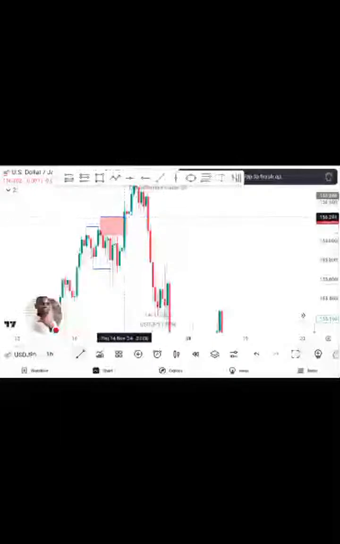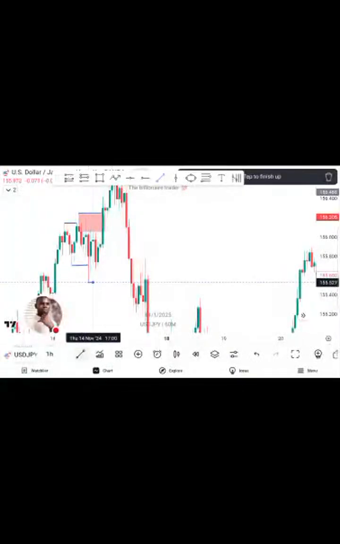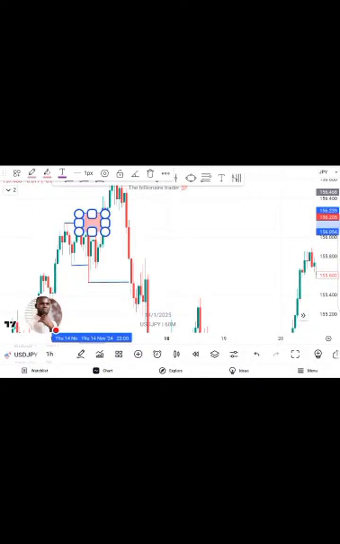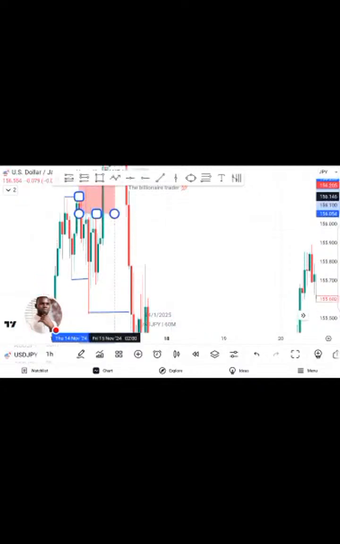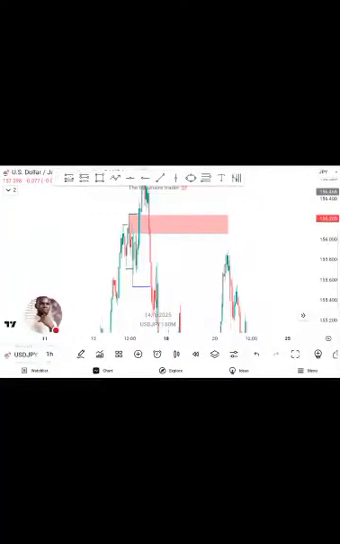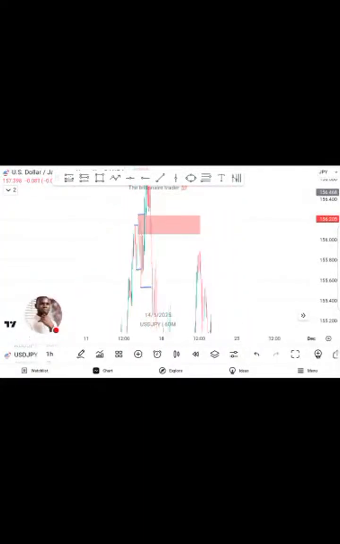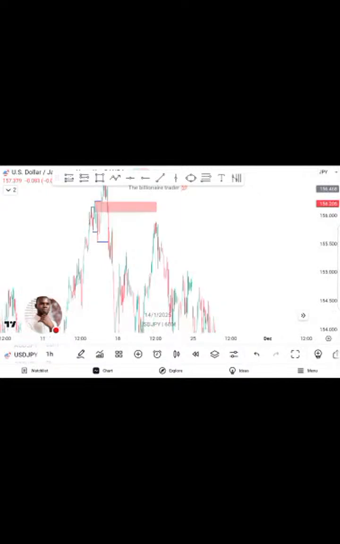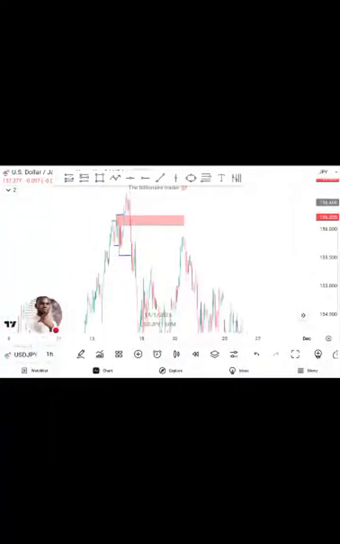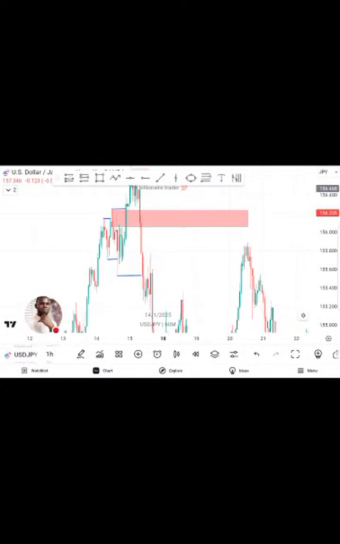Price invalidates that high, and after the invalidation you can see that price still comes back to have the break of structure. So what I learned is that just trace this out. The supply zone that is supposed to hold, just trace it out. But this did not get to the supply zone unless you want to adjust.